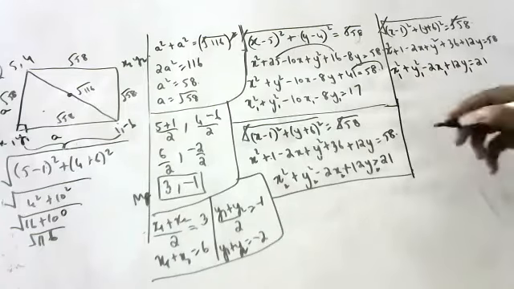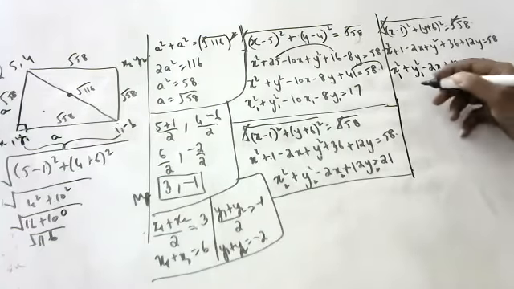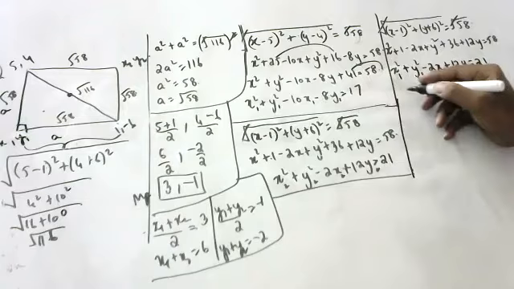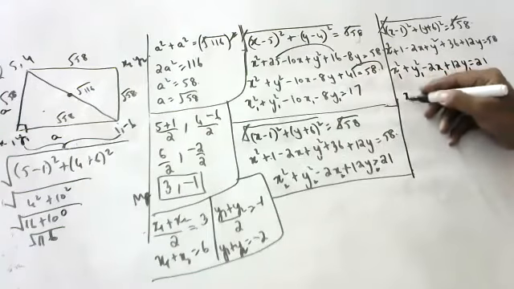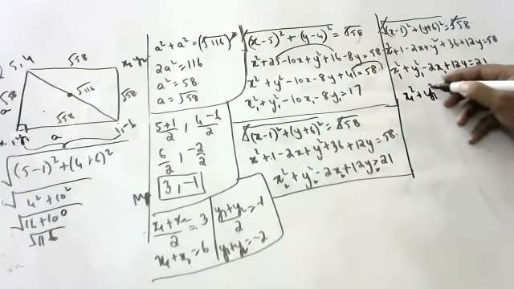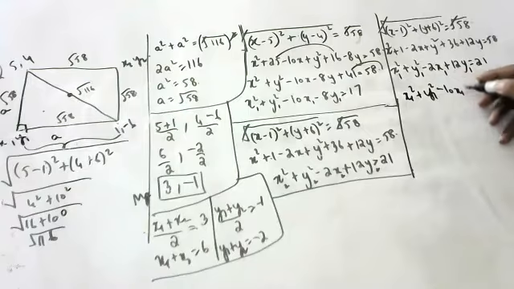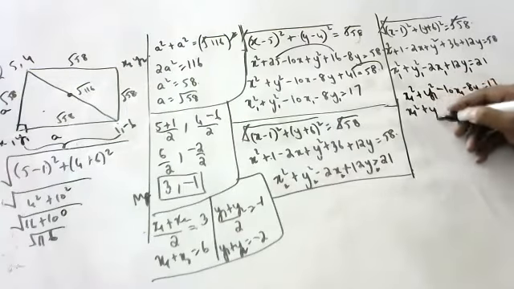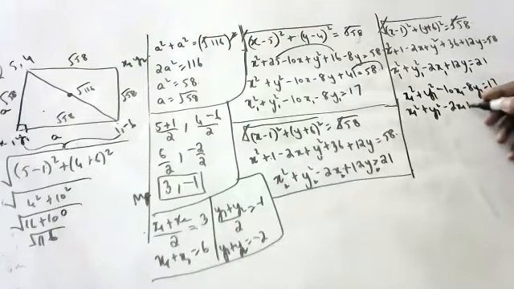This is no problem. So what we will do is this one. This and this we will equate, children. x1 square plus y1 square minus 10x1 minus 8y1 is equal to 17. x1 square plus y1 square minus 2x1 plus 12y1 is equal to 21.